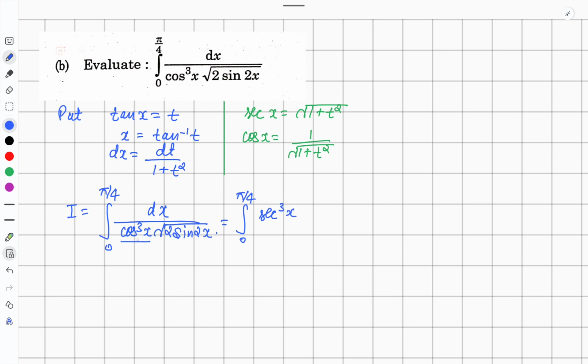Cos cube x, when we take it to the numerator, becomes secant cube x. Sin 2x is 2 sin x cos x and dx. Now this 2 into 2 will become 4, and when we take it out of the under root, it will become 1 by 2.